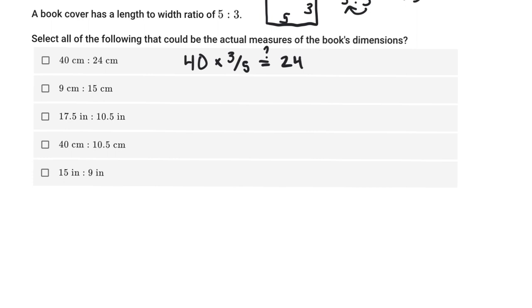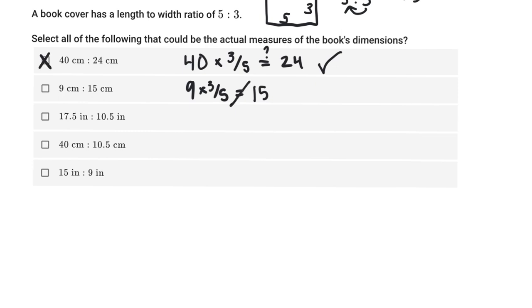If I multiply 40 by 3/5, then that book's dimensions would also be 24, so that is a proportional relationship. If I multiply 9 by 3/5, am I going to get 15? Well, 9 times 3 is 27, divided by 5 is not 15.